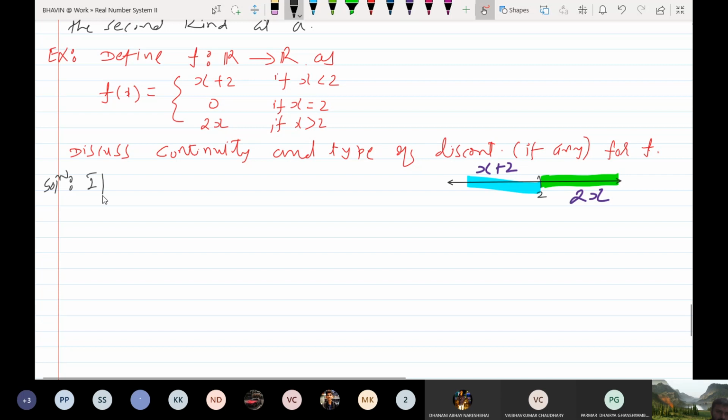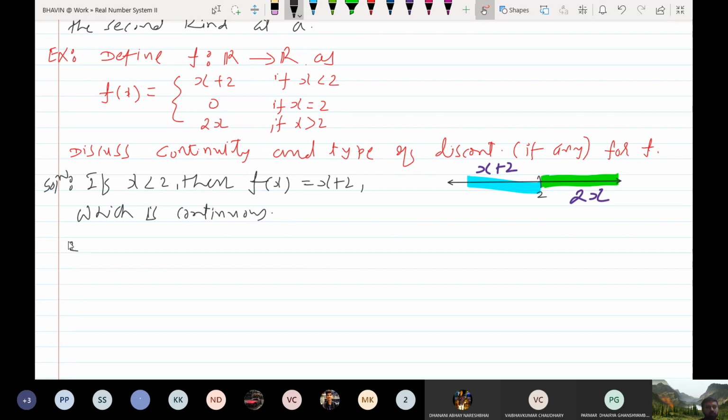So if x is less than 2, then f(x) is equal to x plus 2, which is continuous. If x is greater than 2, then f(x) is 2x, which is continuous.